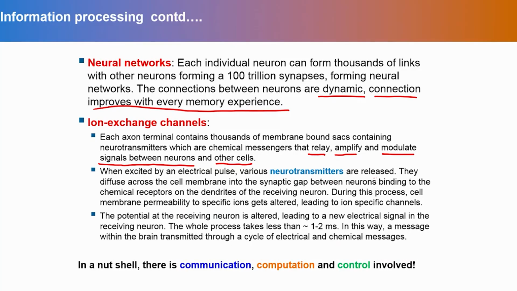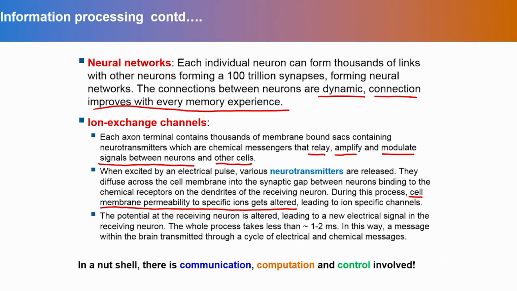When excited by an electrical pulse, various neurotransmitters are released. They diffuse across the cell membrane into the synaptic gap between neurons binding to the chemical receptors on the dendrites of the receiving neuron. Now, during this process, the cell permeability to specific ions gets altered. This is very important, because this is where the conduction channel opens or closes to specific ions.